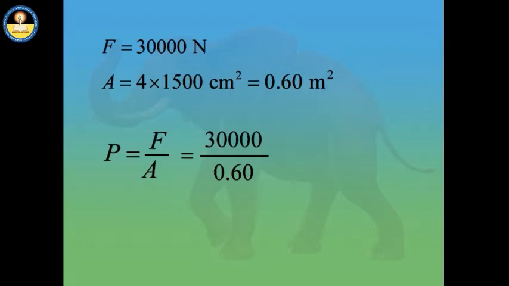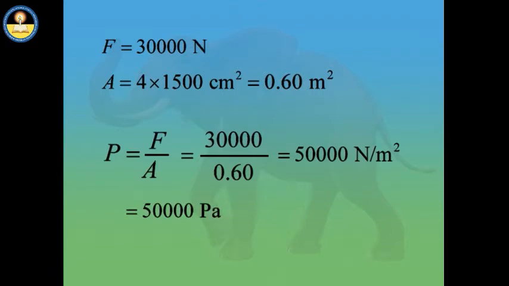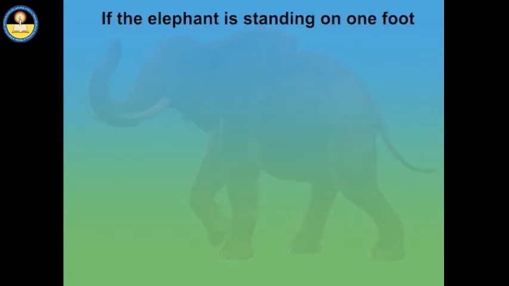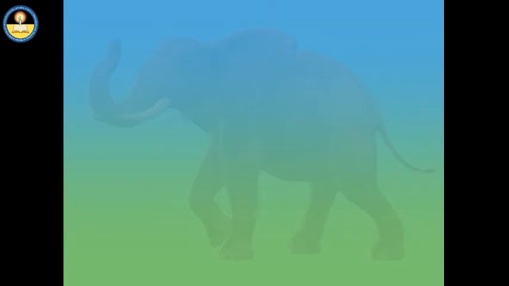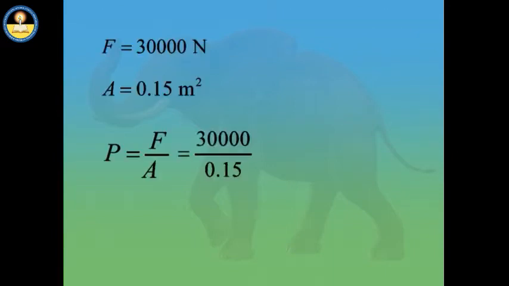It comes out to be 50,000 Newton per square meter or 50,000 pascals. That is 50 kilopascals. Further, if the elephant is standing on one foot, then the pressure comes out to be 200 kilopascals.